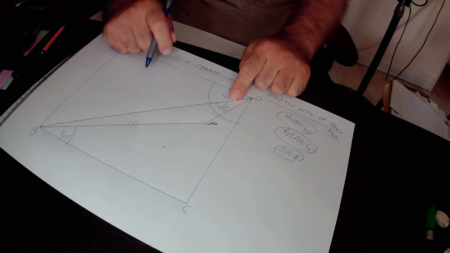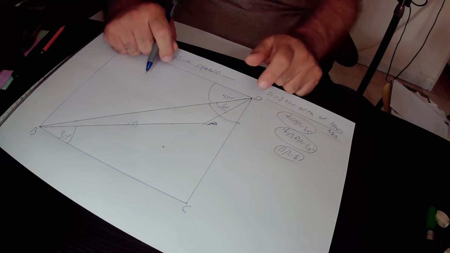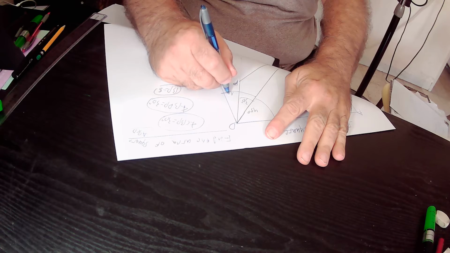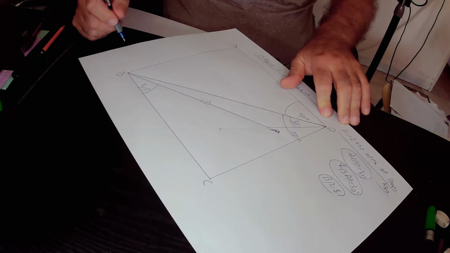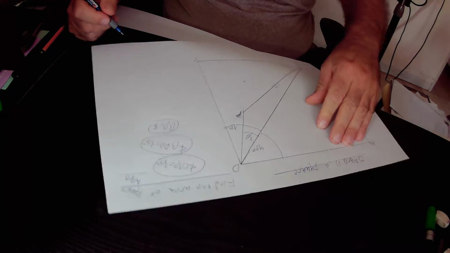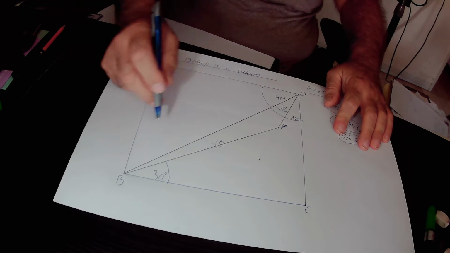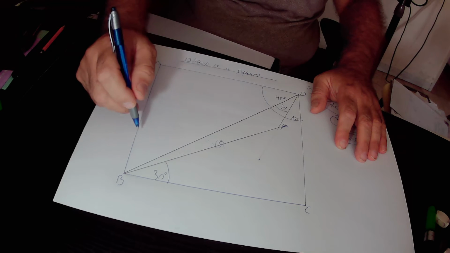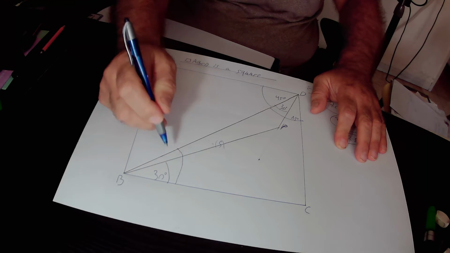But this angle equals 30 degrees, and therefore this missing angle must be equal to 15 degrees in its size, because 15 plus 30 is 45. Likewise, the diagonal DB bisects angle ABC. So the size of this angle is 45 degrees.